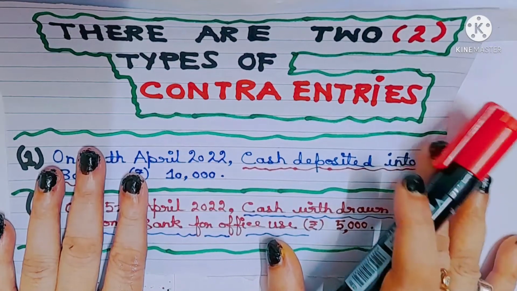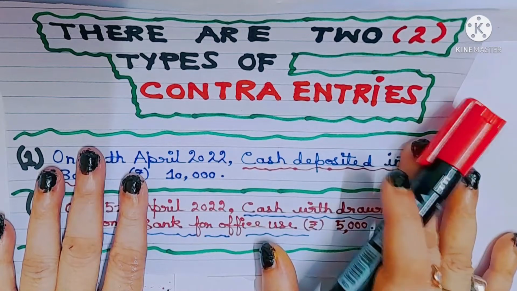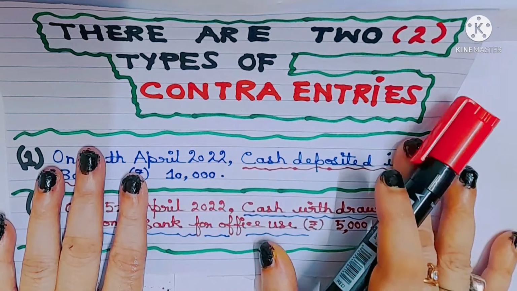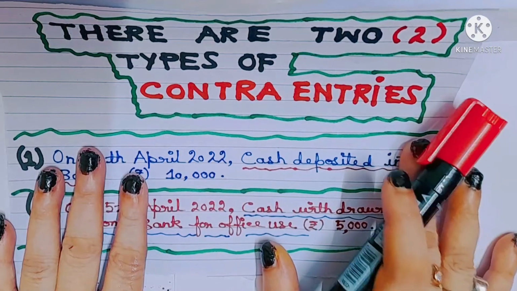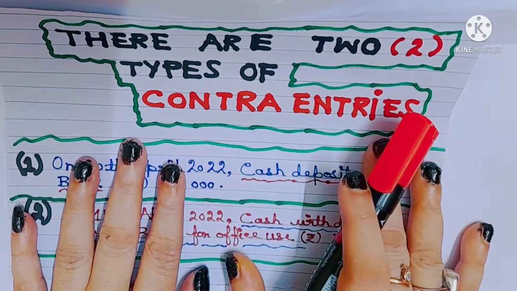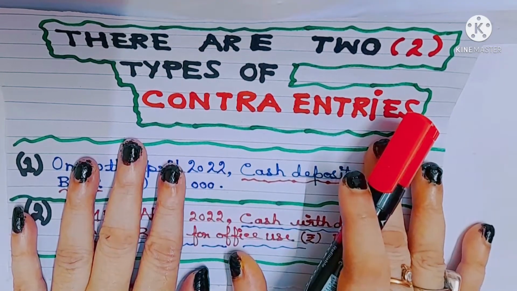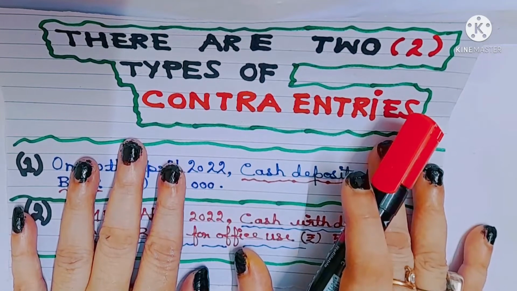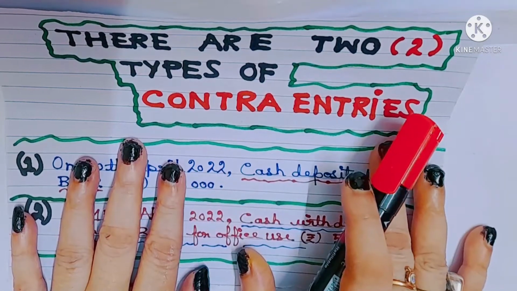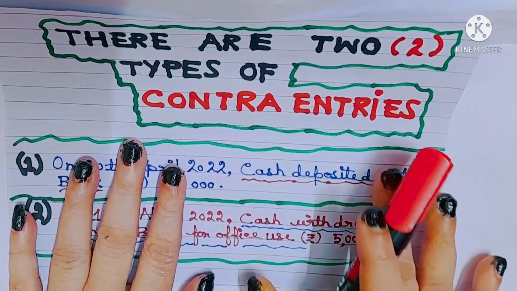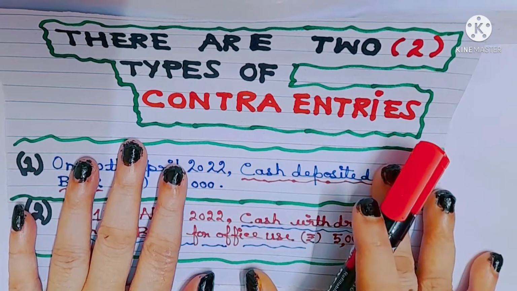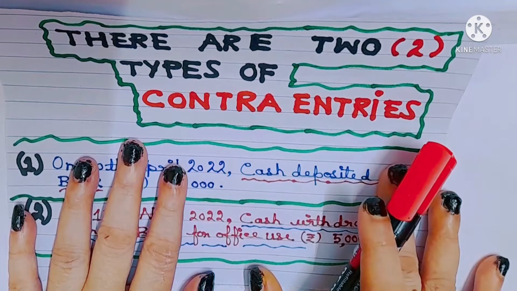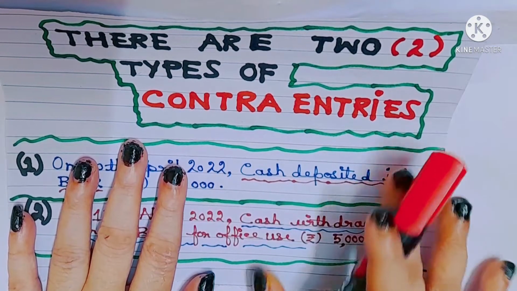Even in a triple column cash book, contra entries arise because apart from the discount column, there are two columns, cash column and bank column. Why do contra entries arise in a double column cash book as well as a triple column cash book? Because there are two columns, one is the cash column and one is the bank column. What is a contra entry? A contra entry is a transaction which involves both cash account and bank account.